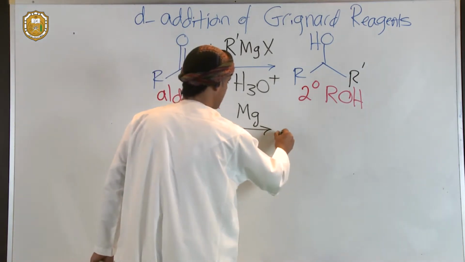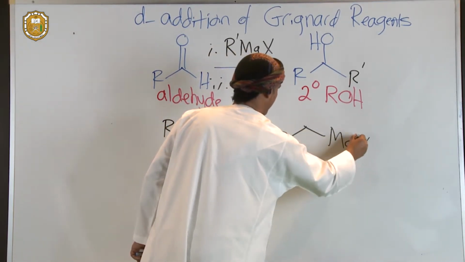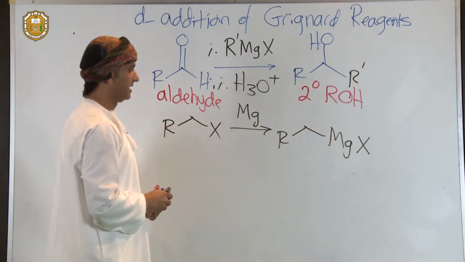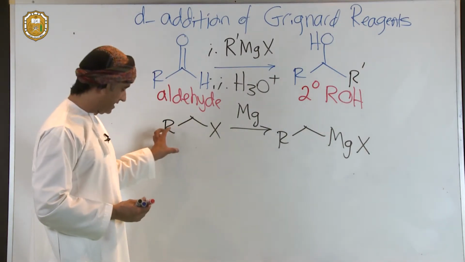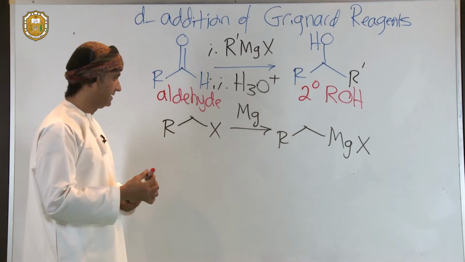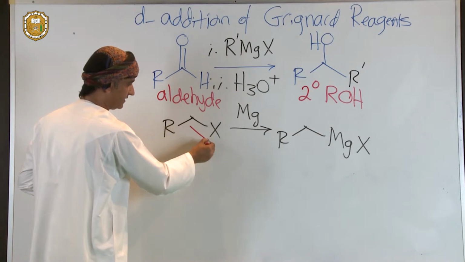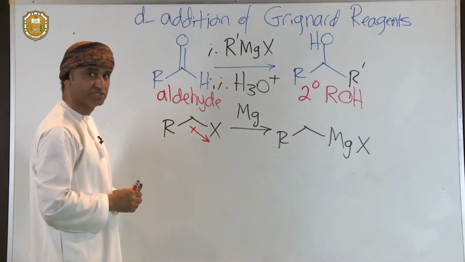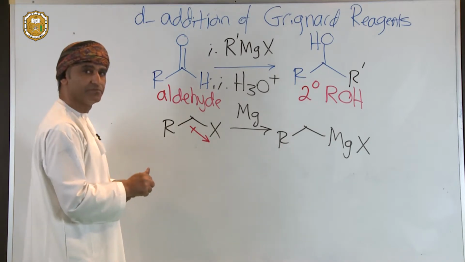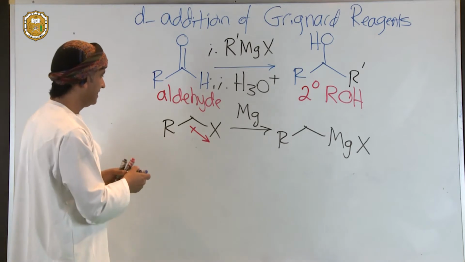So what happens is that a Grignard is formed, and if you look at the structure of alkyl halides, you will notice that there is a shift of electrons, or withdrawal of electrons, by the halogen, which makes the carbon bonded to X in alkyl halides electrophilic.